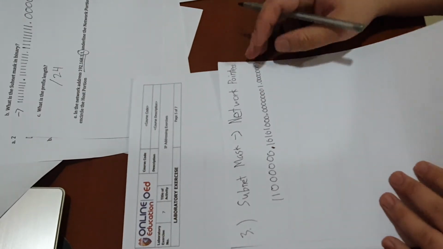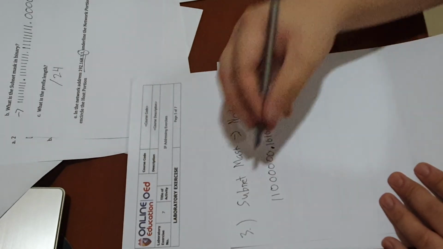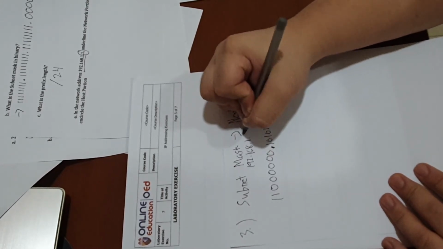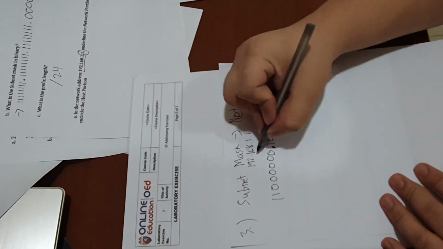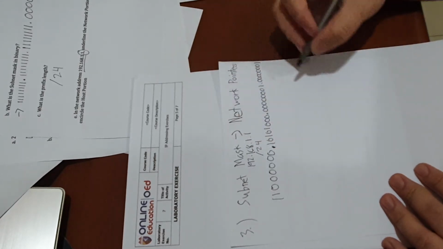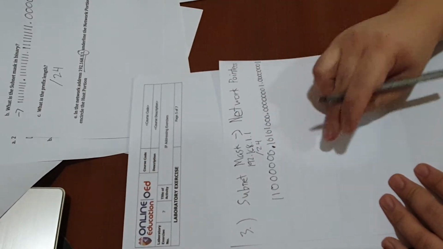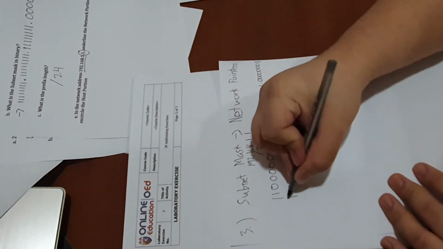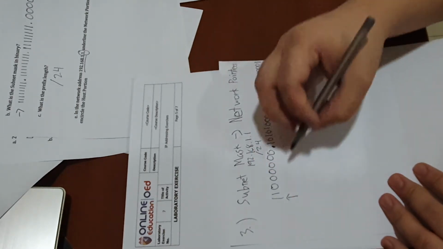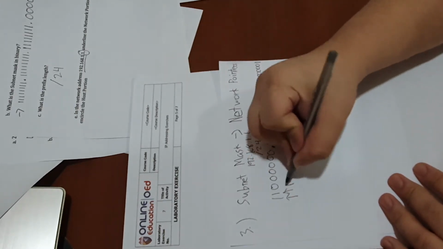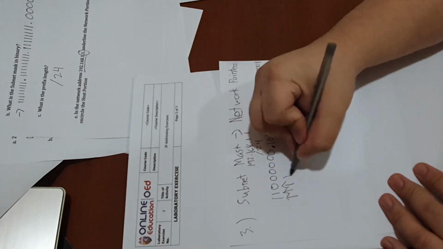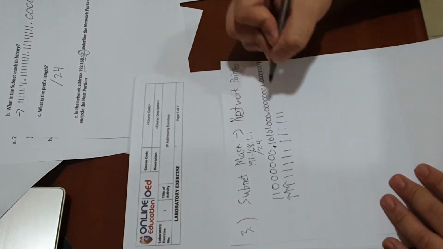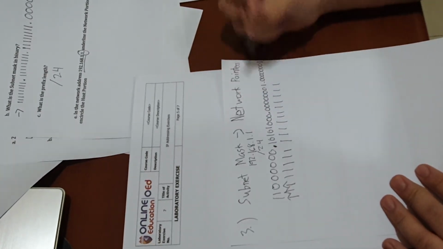So in this scenario, we have 192.168.1.1, and the subnet mask is /24. What the subnet mask does is tell the computer or the router that this is a network, this is a network, this is a network address.